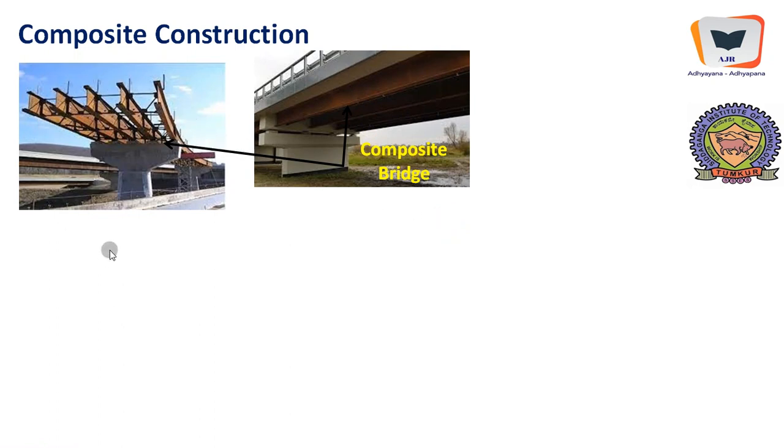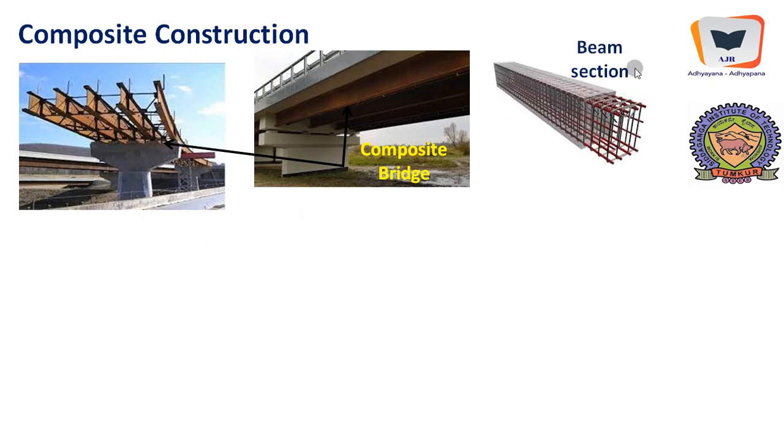This is a, let us say, composite bridge that is in construction, and this is already a constructed composite bridge. And here we can see the steel beams running, and atop the steel beam we will find the pavement or concrete slab carrying the road.